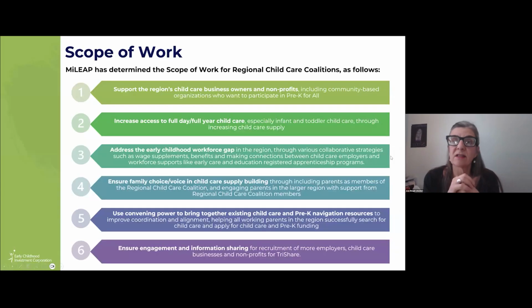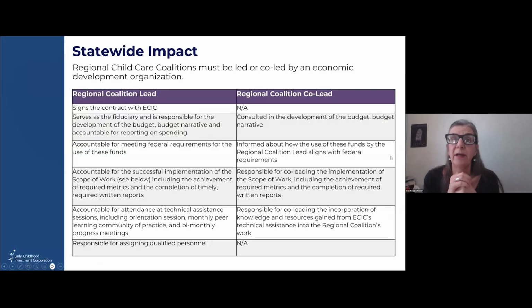The co-lead has a slightly different role, and I'm going to focus on that next. They're consulted by the lead in the development of the budget and the budget narrative. They're informed about how the funds are going to be used by the lead and help to make sure that they align with federal fund requirements for the use of these funds.